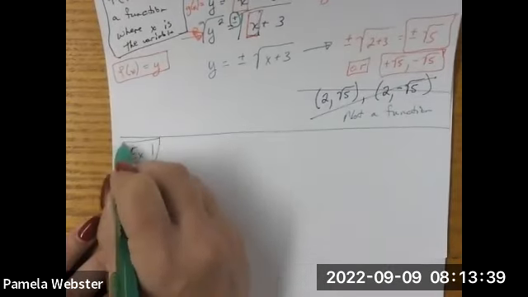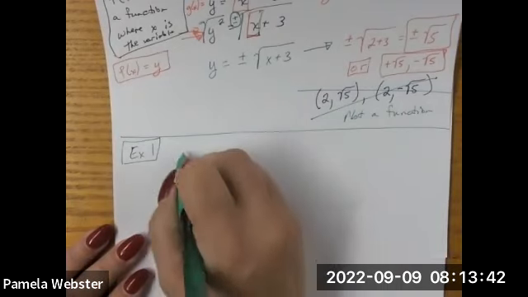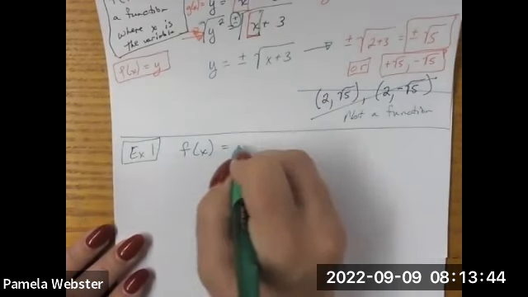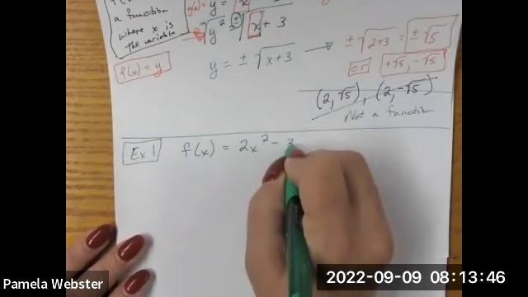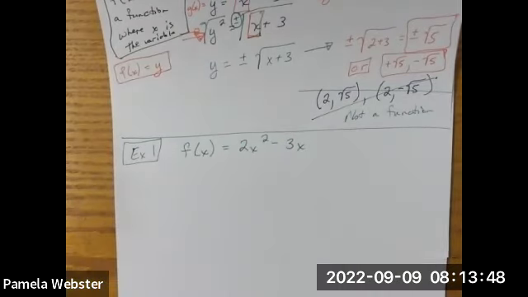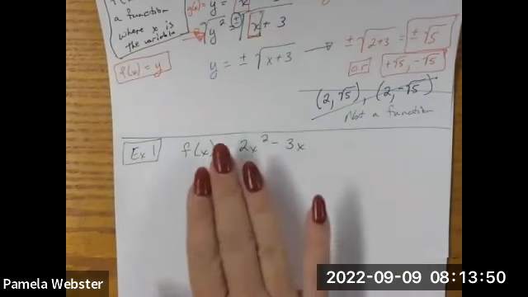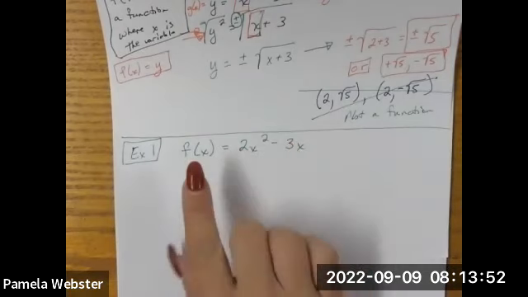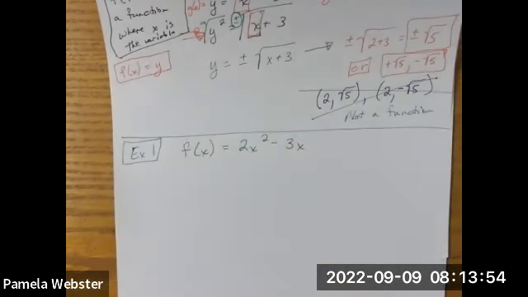So example 1 here for me says, think about the fact that f of x equals 2x squared minus 3x. They're giving me this. And they've done a couple of things here. First of all, I've got my equation that I'm going to plug into. And second of all, they went ahead and put in the function notation. When they do that, that tells me that they are confident that this is a function. So I don't need to go check it.